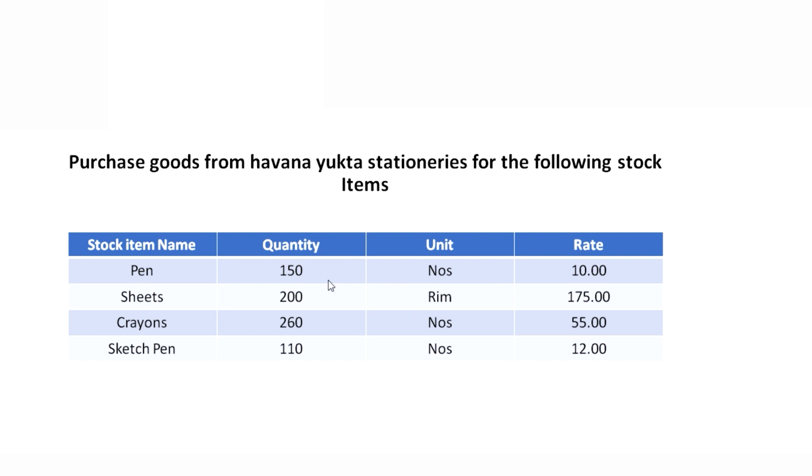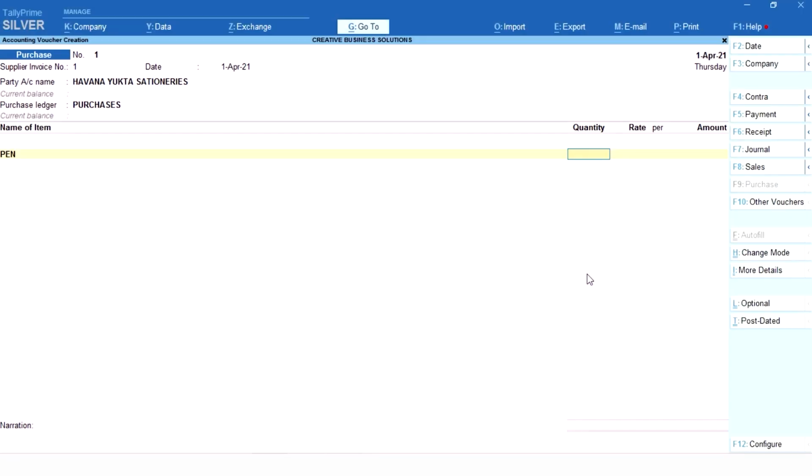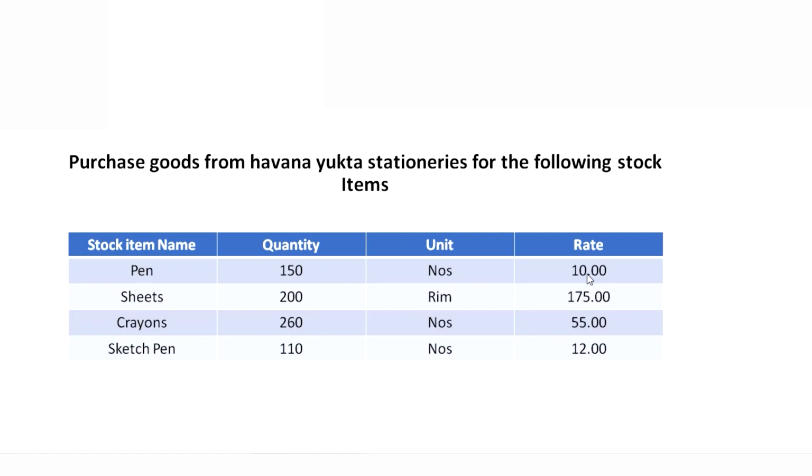So we are purchasing 150 numbers of pens at 10 rupees. So the quantity will be 150. Each pen costs 10 rupees. So the value will be picked automatically as 1500. The next item will be sheets of 200 numbers, 200 rims.